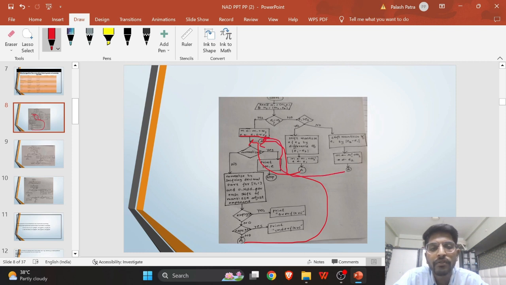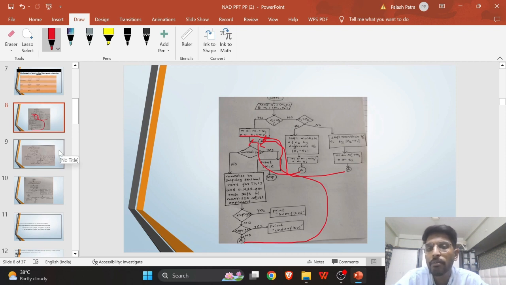And afterwards we check the normalization part, and whether the required result is normalized or not. If not normalized, we normalize it, and then we print the result. This is the flowchart and the algorithm for calculation of subtraction of two floating point numbers.